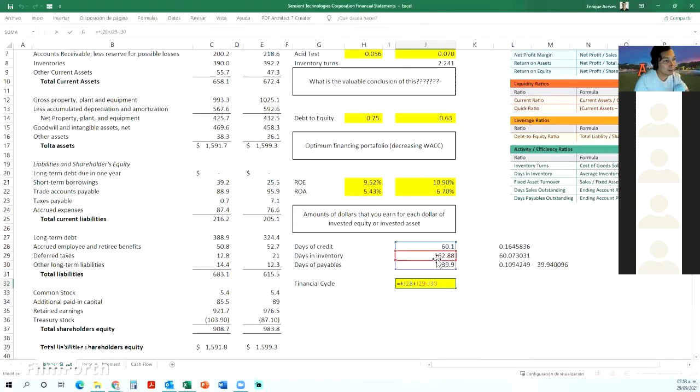But you also have days payable that is giving you credit. Your supplier gives you 40 days of credit. So at the end, you balance that out and you get to the final result: you have to wait half a year in this company to convert operations into cash.